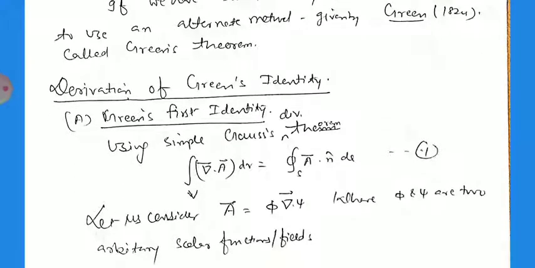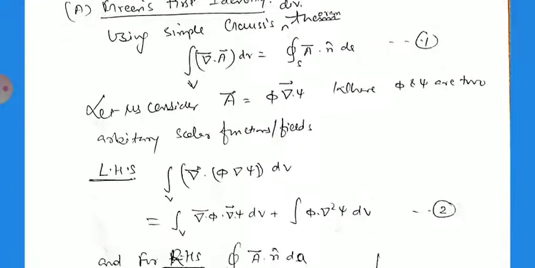Using simple Gauss divergence theorem, we can write the volume integration of the del dot A is equal to the surface integral of the A with respect to the surface dA. Let us consider A equal to the phi del psi, where phi and psi are the two arbitrary scalar functions or the fields.